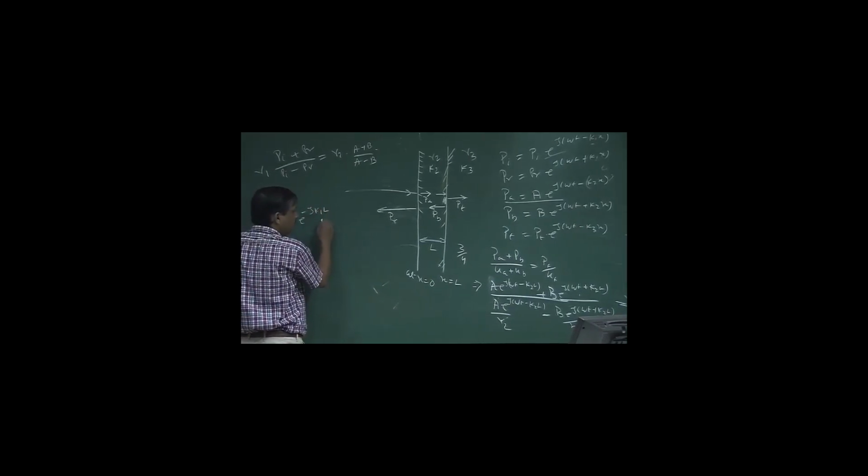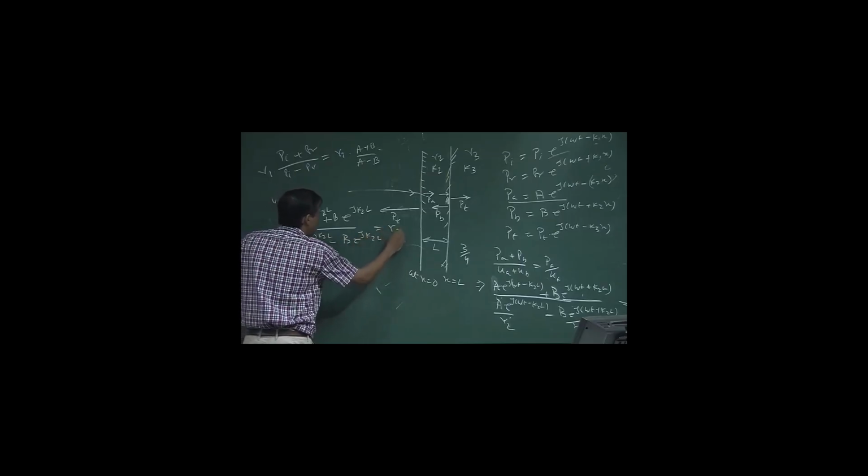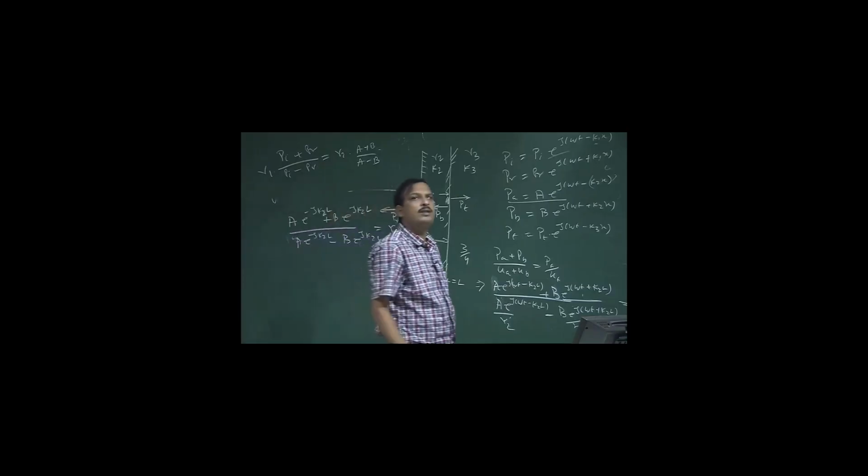Now I get (A e to the power minus jk2L plus B e to the power plus jk2L) divided by (A e to the power minus jk2L minus B e to the power jk2L) is equal to r3 by r2.